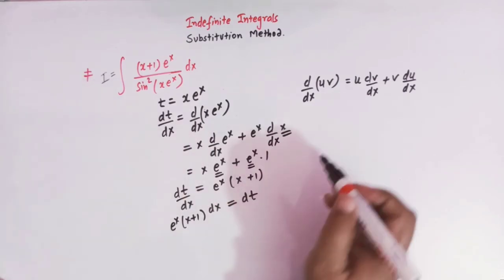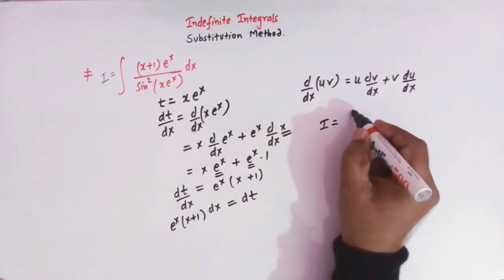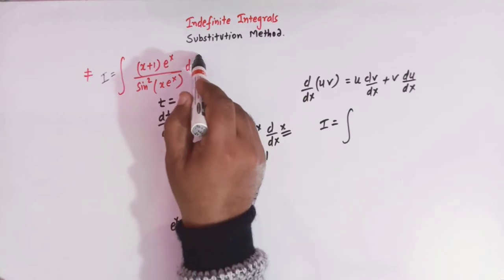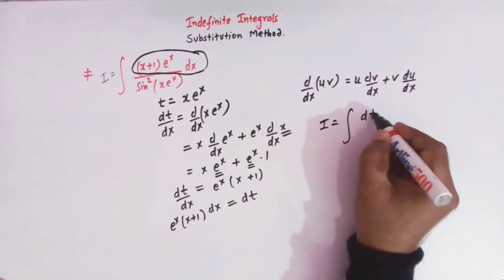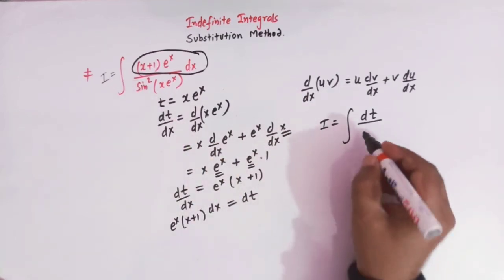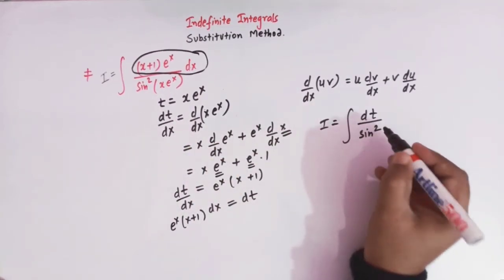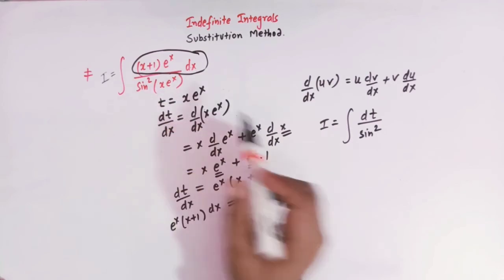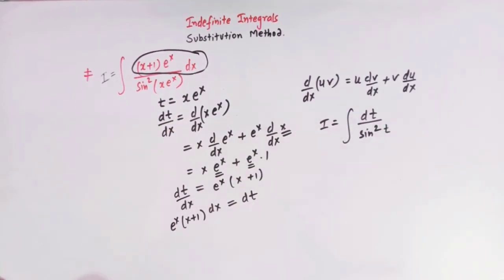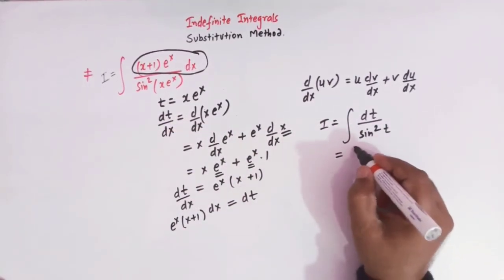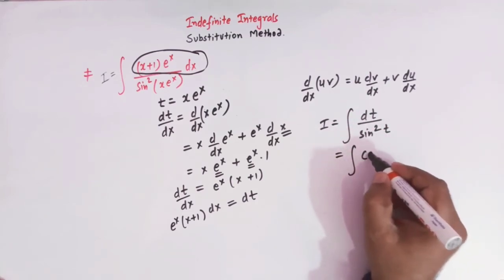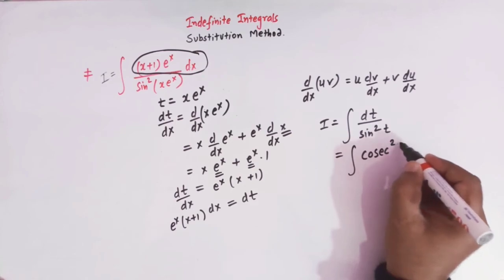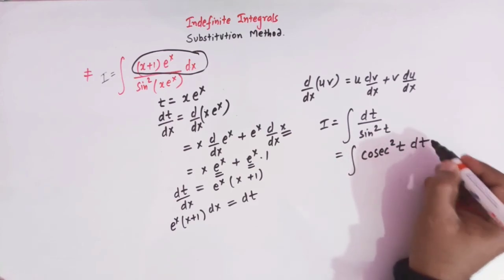So now this integral takes the form: for this term we have dt, and here we have sine square, and for x e raised to x we can write t. So now we can take 1 over sine square t as cosec square t and dt, right?